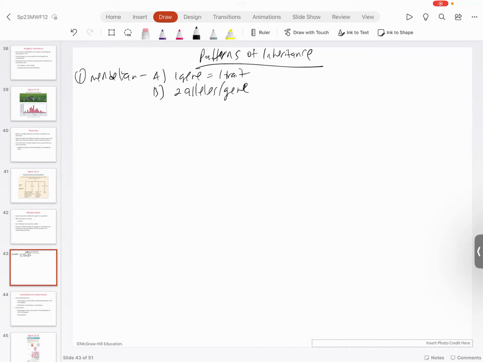There were only two alleles per gene. The other one he saw was complete dominance. When the two were together, did you see the recessive? Never. Total blackout. Complete dominance.